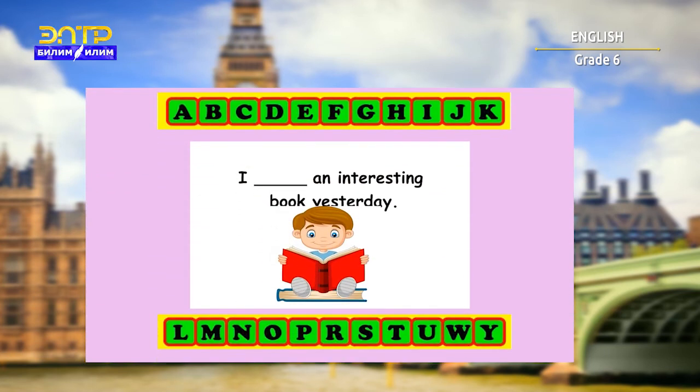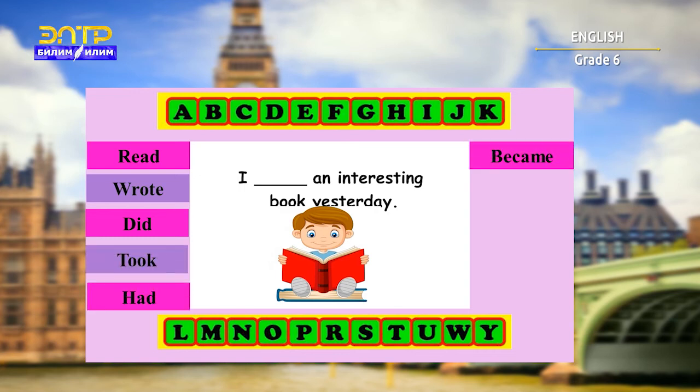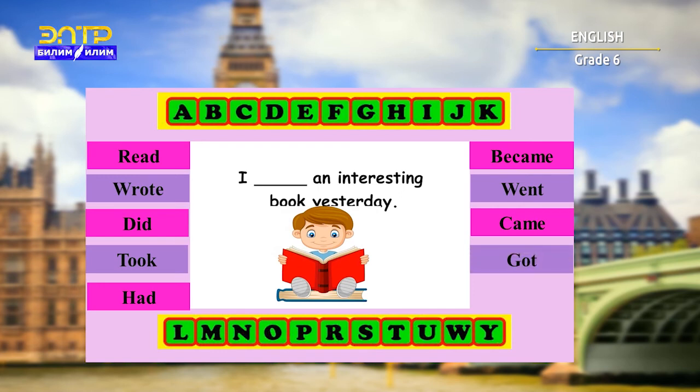In this exercise, you can see the past form of the irregular verbs like read, wrote, did, took, had, became, went, came, got, and was. Look at the sentence in the middle and choose the verb that fits this sentence. An interesting book yesterday.